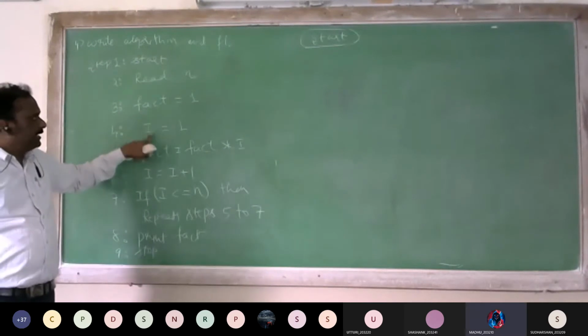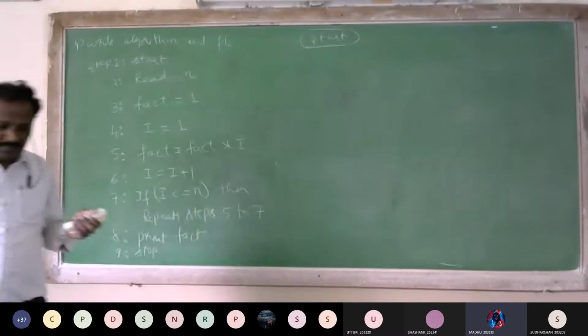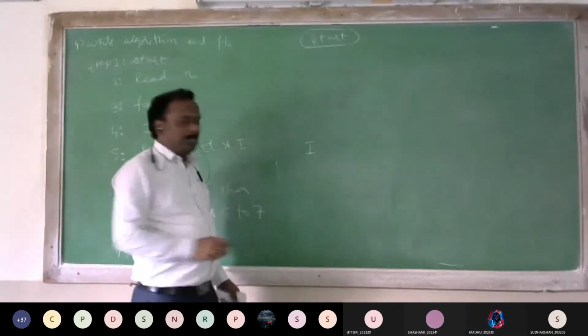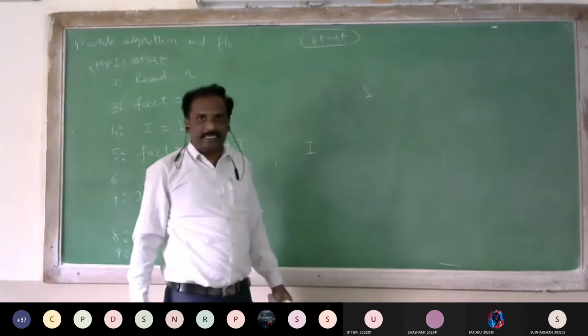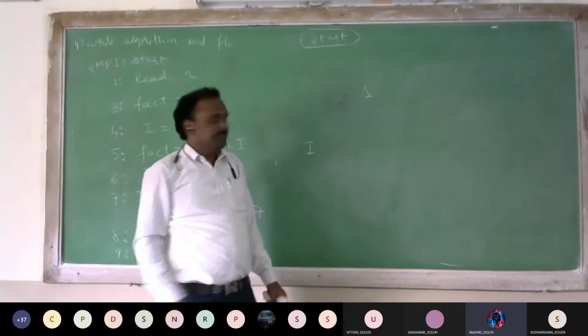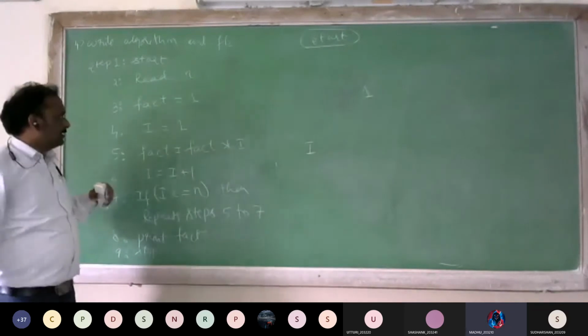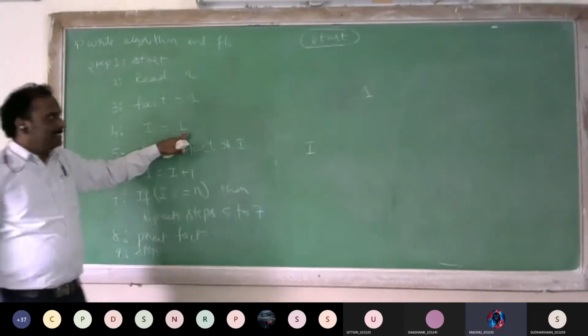In the fourth step, I is equals to 1: I is a variable, 1 is a constant.